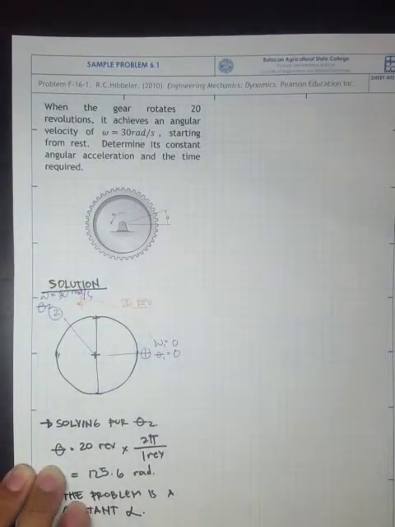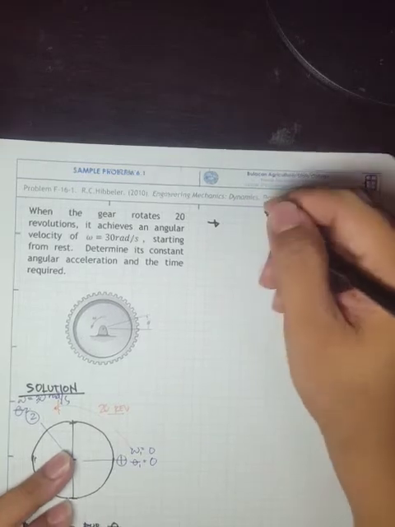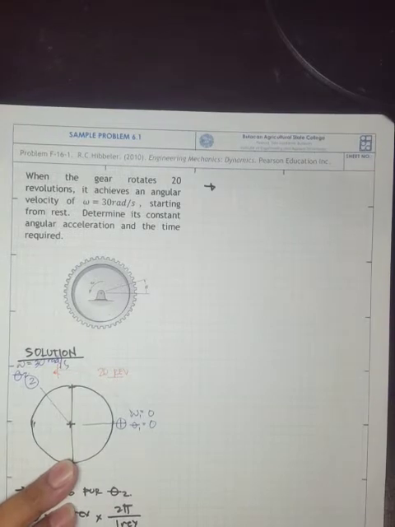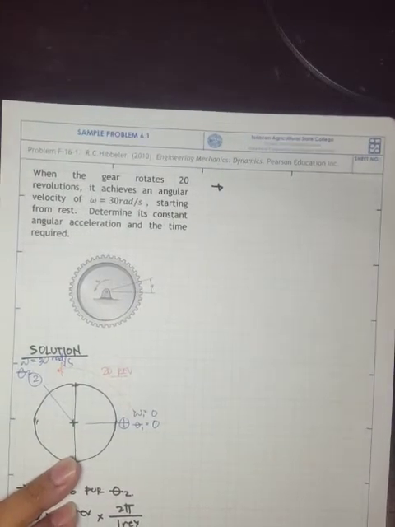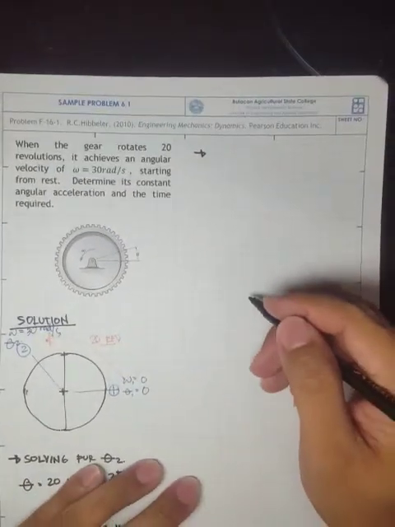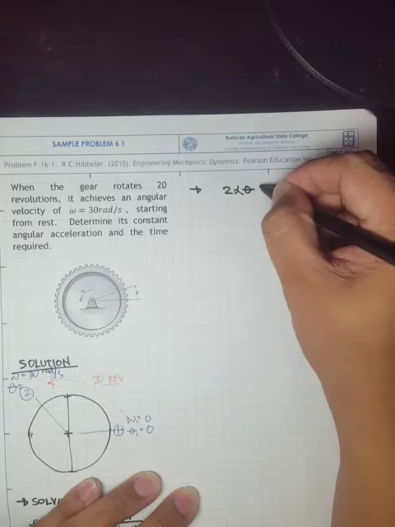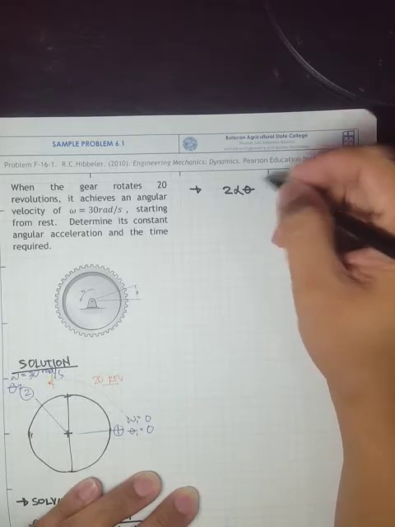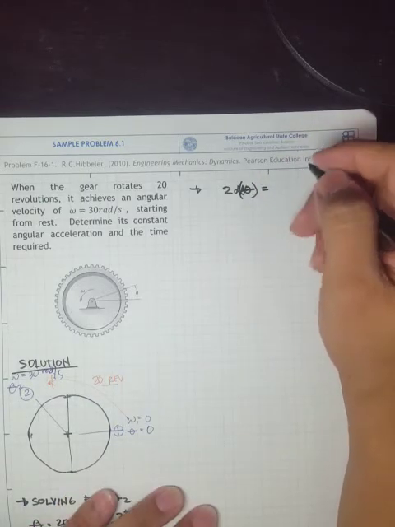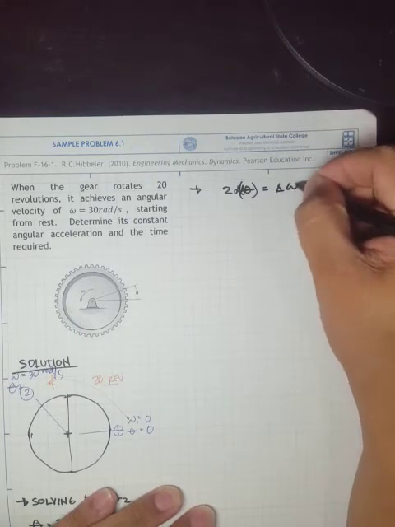So the working equations would be, since we have the angular distance and the angular velocity, we can use this equation: omega squared equals omega naught squared plus 2 alpha delta theta. I think this should be delta theta.